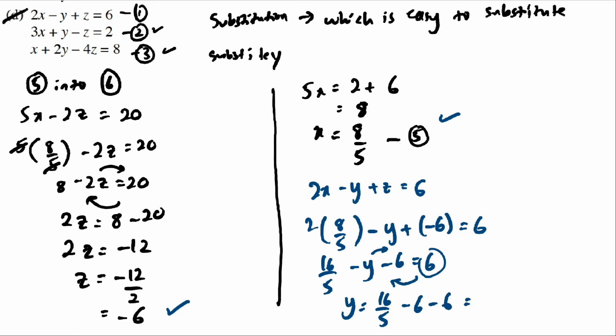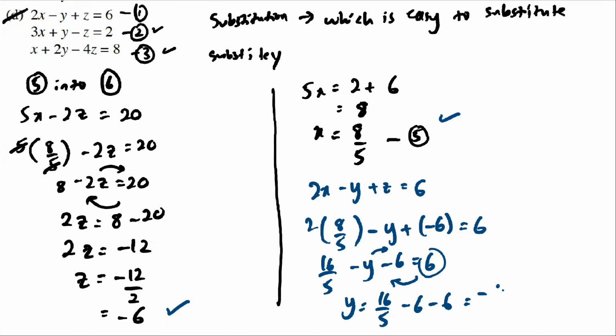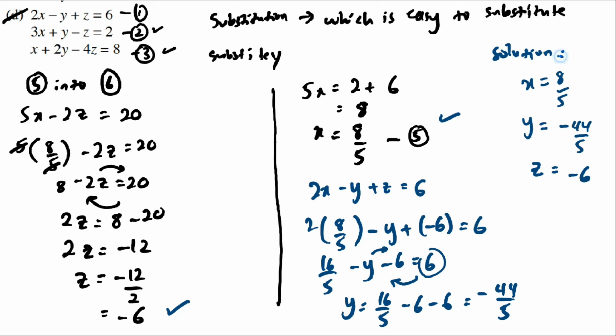So 16 over 5, 16 over 5 minus 6, you will get minus 12, we get negative 44 over 5. Therefore, the values that we get: x is equal to 8 over 5, y is equal to negative 44 over 5, and z is equal to negative 6. So this is the solution for this equation.